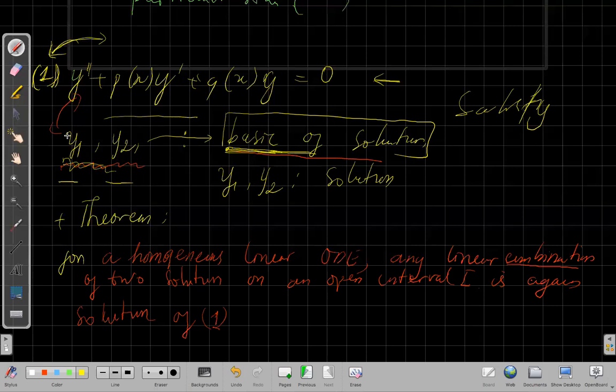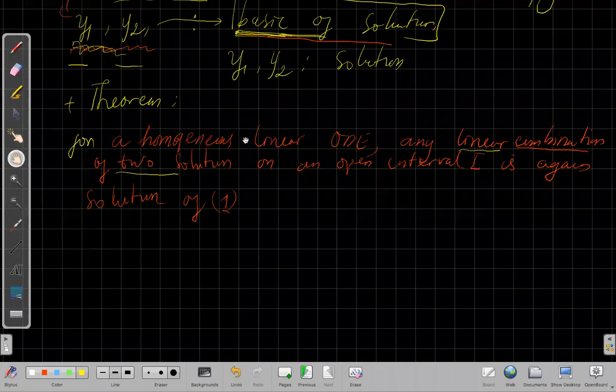So if y1 and y2 are solutions of the second order ODE, then the linear combination of y1 and y2 is also a solution of equation one.